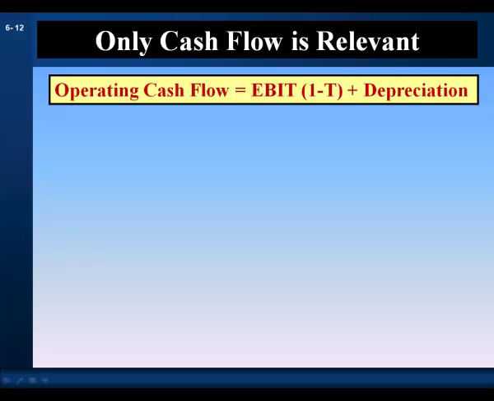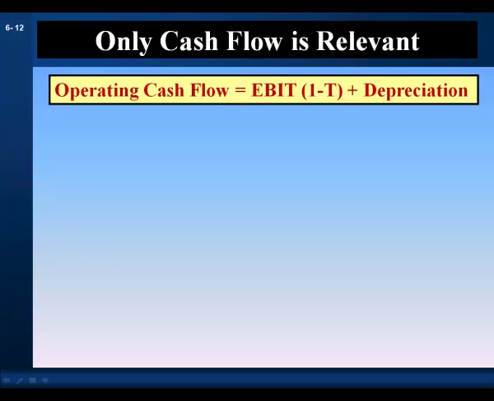But note, operating income is earnings before interest and taxes. We don't include interest because interest is not an operating expense. It's a distribution of cash flow to creditors. And we exclude distribution of cash flow to capital in determining project cash flow.